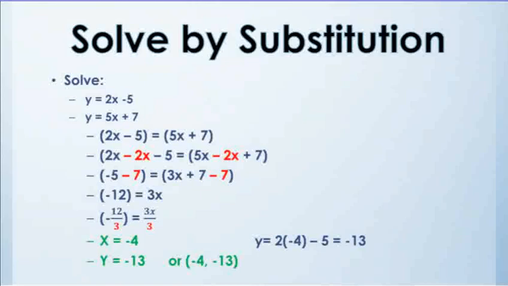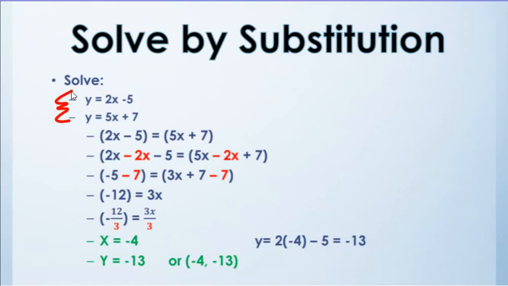This one has been done for you. Our system of equations is right here. We have y equals 2x minus 5 and y equals 5x plus 7. Now we've already practiced graphing them and finding out where the two lines cross. And where the two lines cross is the solution to that system of equations.